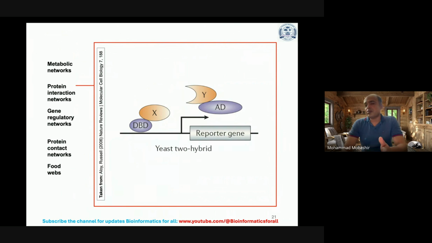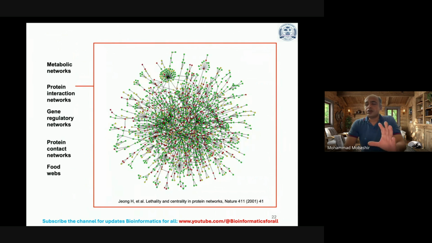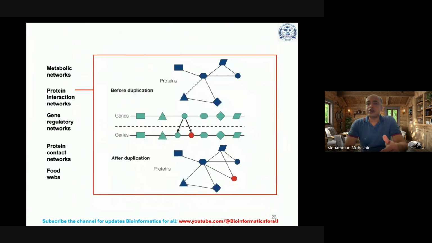You can read some of the research or review papers on protein interaction networks. If you want to go for a complex protein interaction network, it may look this huge, but this is even a smaller network. It is much bigger and more complex in higher organisms. Now, you can see the protein networks before and after duplication.